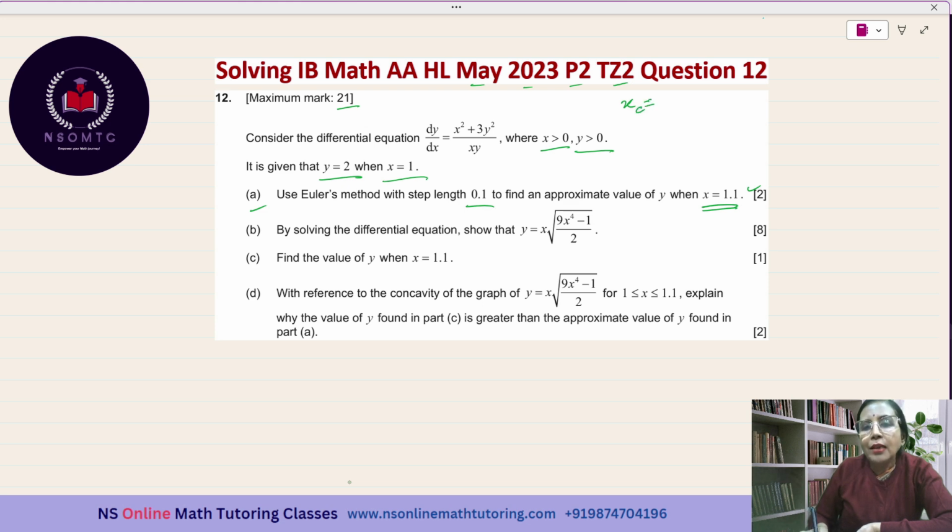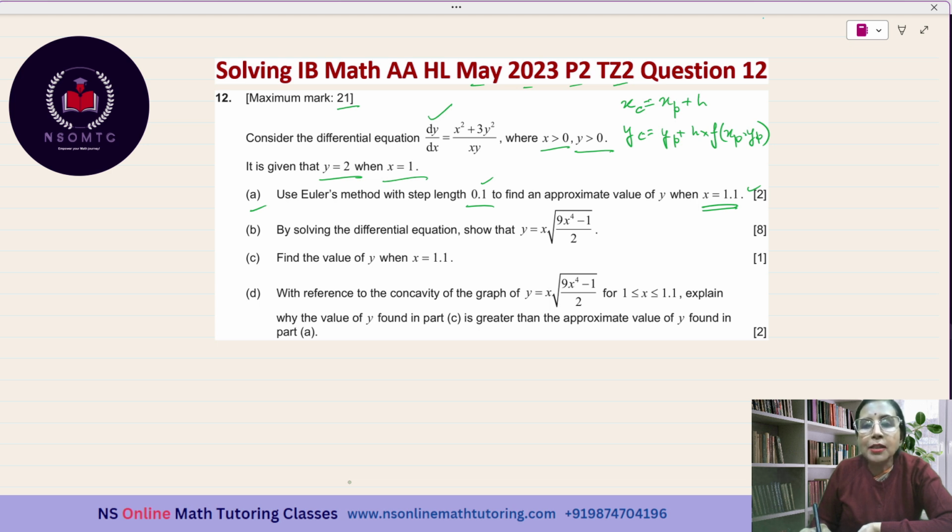Xc is equal to xp plus the step length, which is h, which is 0.1 in our case, and the current value of y is equal to the previous value of y plus the step length times the gradient function expression, which is a function of both the previous value of x and the previous value of y. These two are the formulas given in your formula booklet.